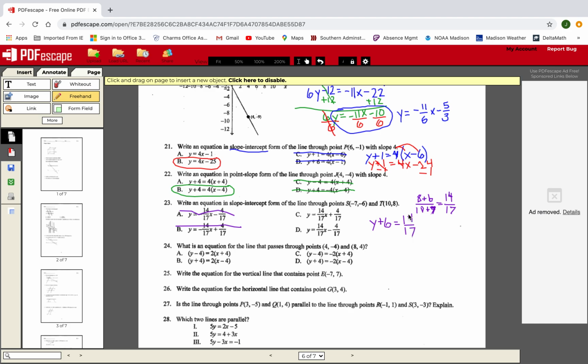I evidently am too fast on the 7s here. Okay, times the quantity x minus my x value. And again, you have minus a negative, so minus a negative is plus 7. Okay, so the next steps here then would be to, good grief, what's that? That should be like that.